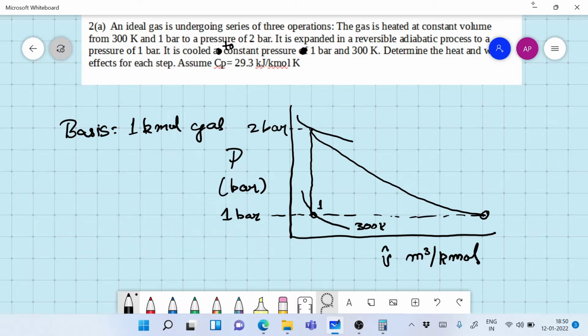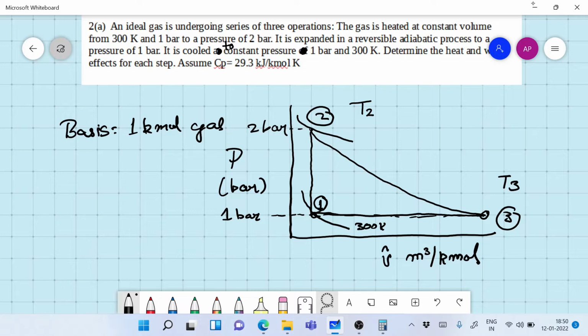So this can be state number 1, this is state number 2, and this is state number 3. And the last process is getting it back from state number 3 to state number 1. Now we need to know the temperatures at point 2 and point 3. If this is done, the problem solution is very simple and straightforward.